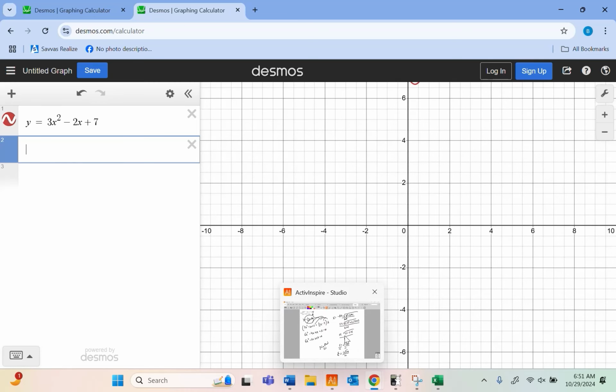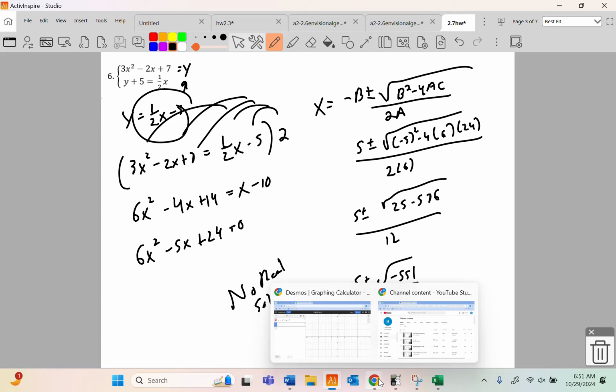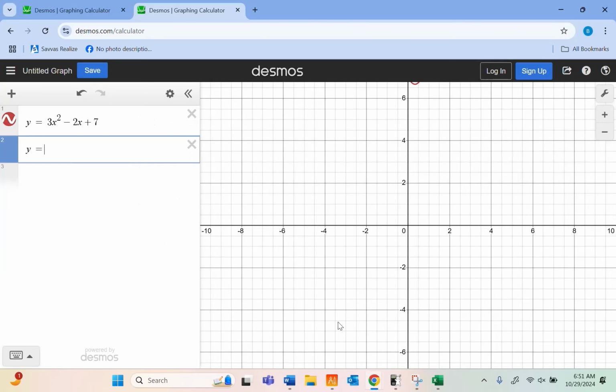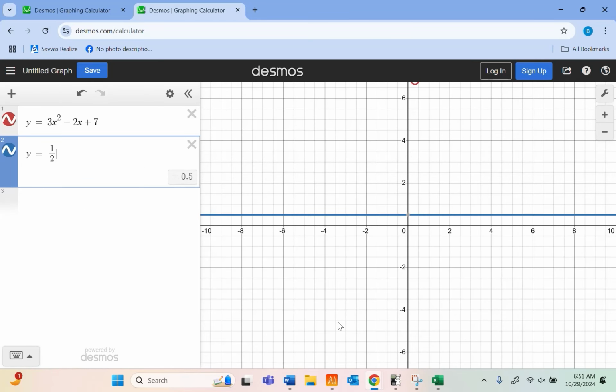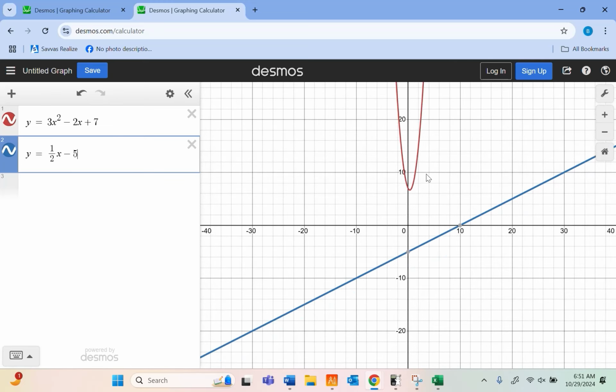You get to use Desmos on your end of course test. Now, we'll do things in this class like take benchmarks where I can't let you use Desmos, because those platforms aren't locked down and you could do pretty much anything. The other one was y is 1/2 of x minus 5. Let's go on the hunt for this. Yeah, see, they never cross paths. So imaginary solutions.